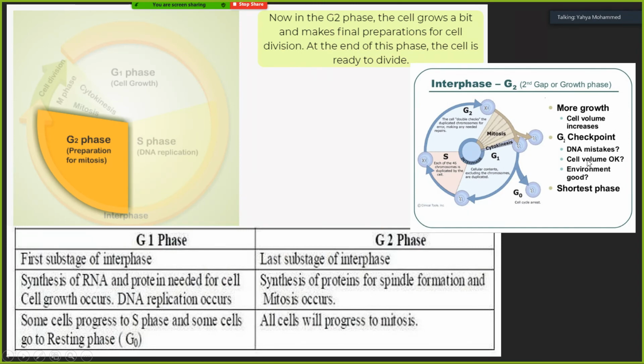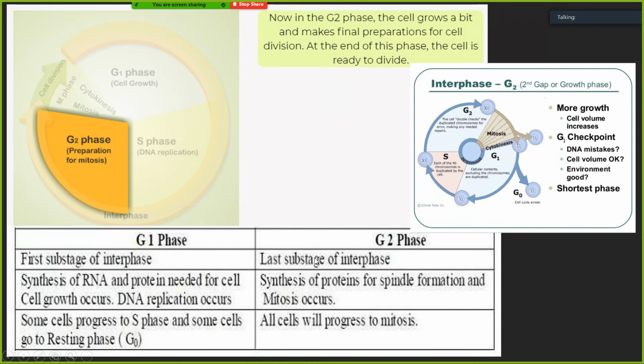Again, it's checking: are there any mistakes in the DNA? Is the cell big enough? Things like that. But it says synthesis of proteins for spindle formation and mitosis occurs, so these specific proteins are being made. The cell's growing these specific parts that are important for mitosis.